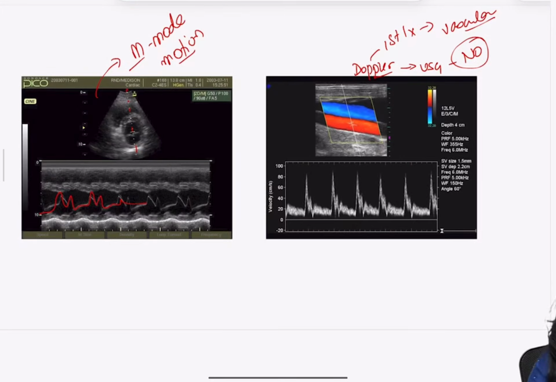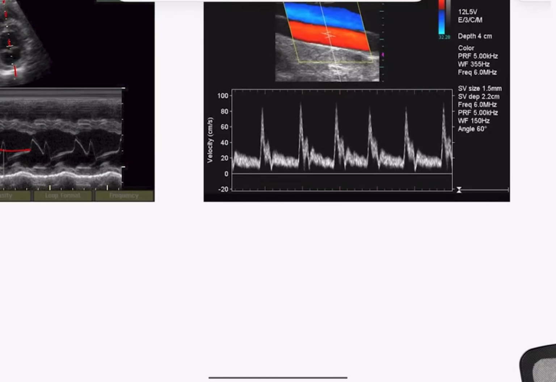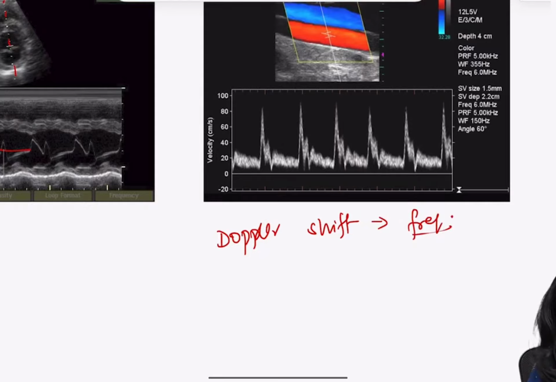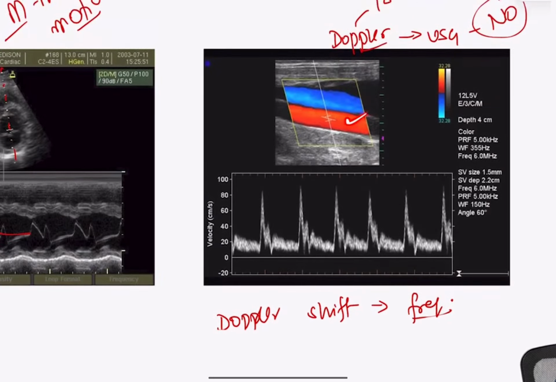So in Doppler, basically the sound wave is going to that flowing blood. The flowing blood causes a shift in the frequency of the sound. This is called Doppler shift. Doppler shift is nothing but the shift in the frequency of the sound, right? And depending on the direction of the blood flow, you will get the color in the Doppler. So first of all, to get this color image in Doppler, it should be flowing blood. It should not be static blood.